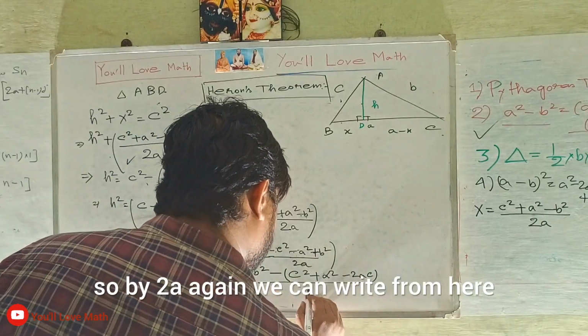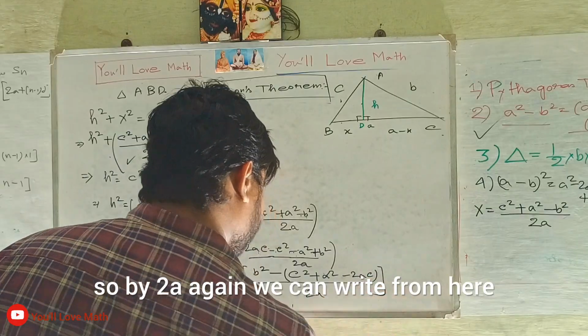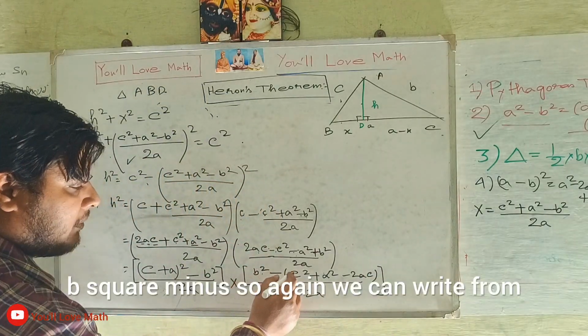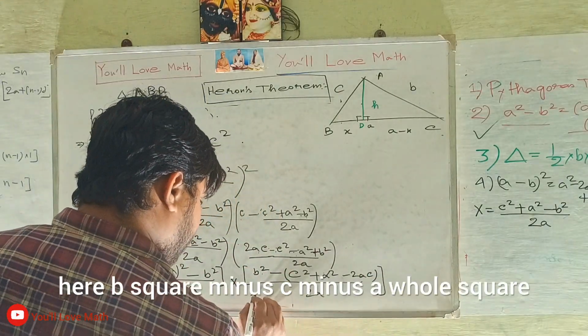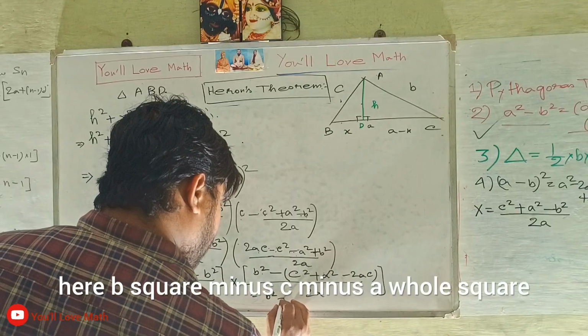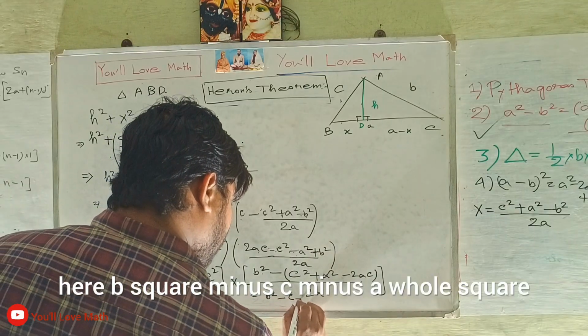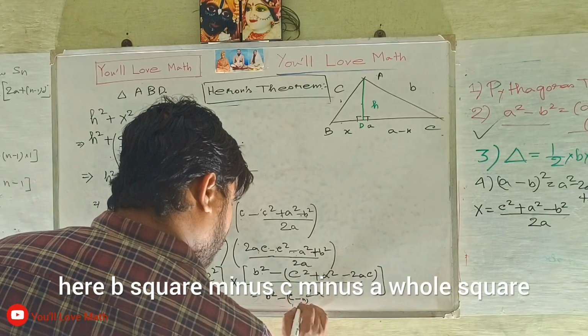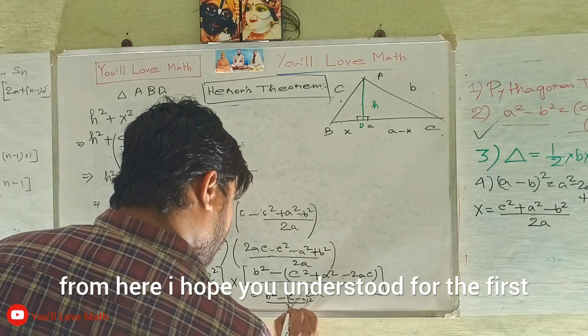So by 2a, again we can write from here b square minus c minus a whole square. I hope you understood.